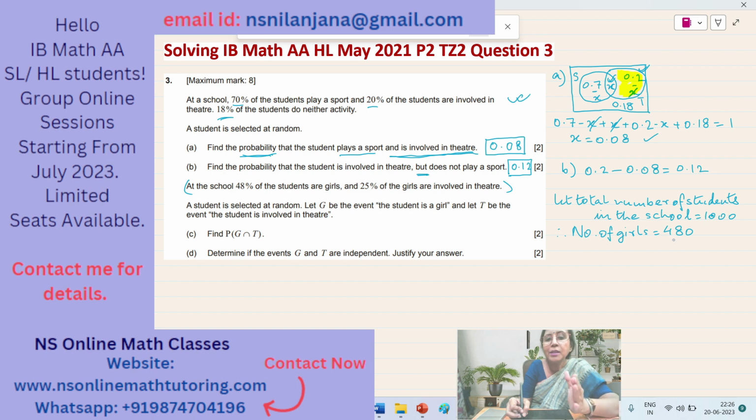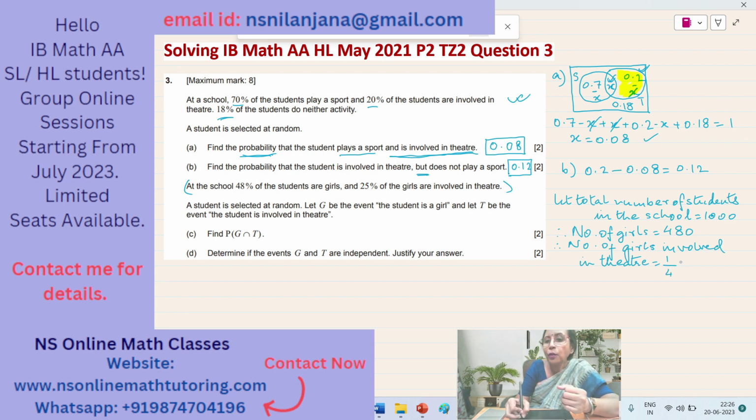And 25% of the girls are involved in theatre. Therefore, the number of girls involved in theatre is equal to 25%, which is 1 over 4, of 480.